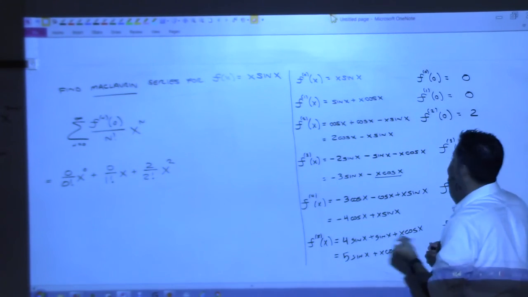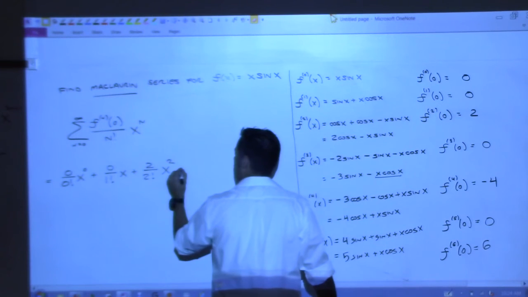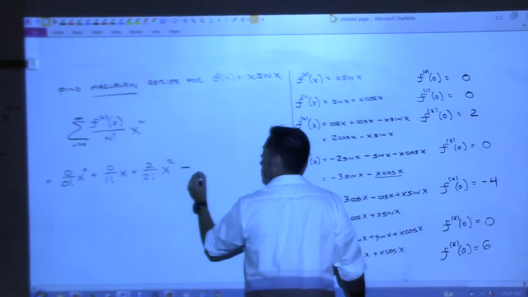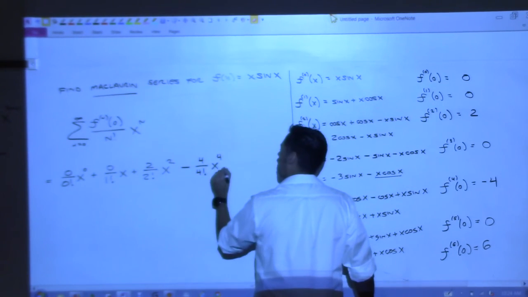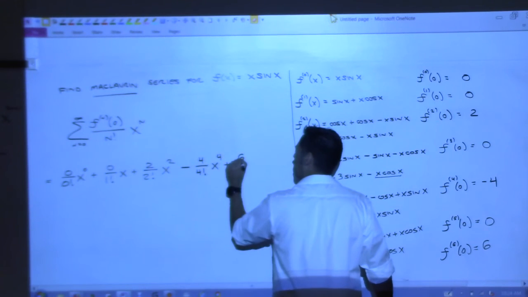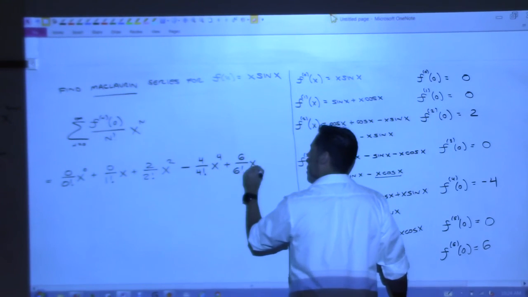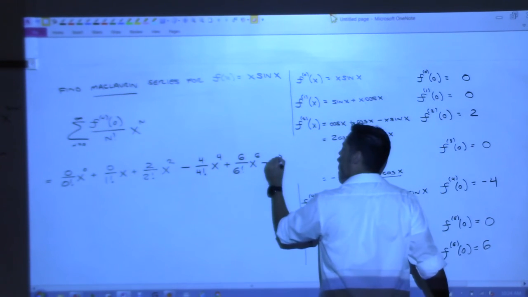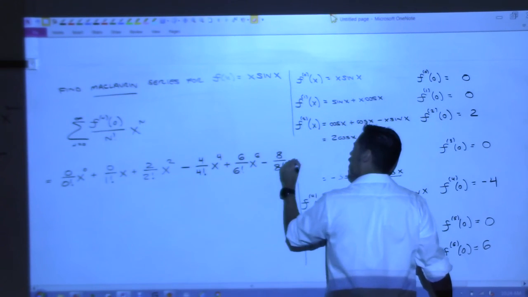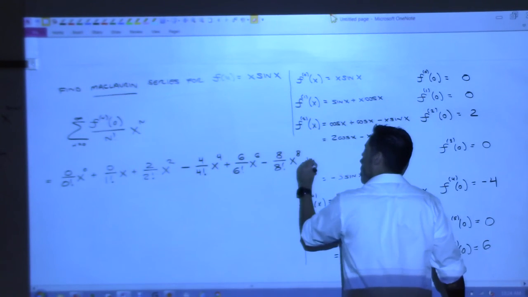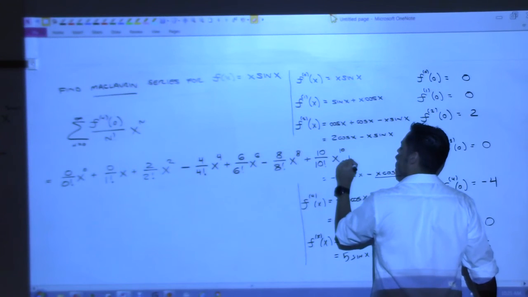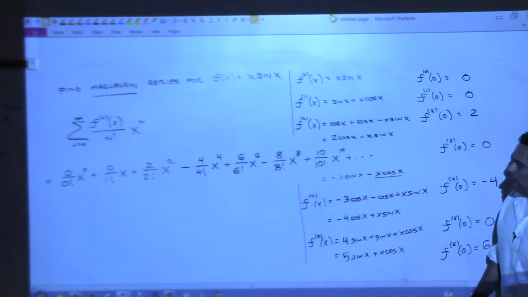Plus, we can skip the 0. Do you want to skip the 0? Okay, so what's the next one then? Minus 4 over 4 factorial x to the 4th, plus 6 over 6 factorial x to the 6th, minus 8 over 8 factorial x to the 8th. One more: 10 over 10 factorial x to the 10th, plus. It would be a minus, but you got the idea, right?